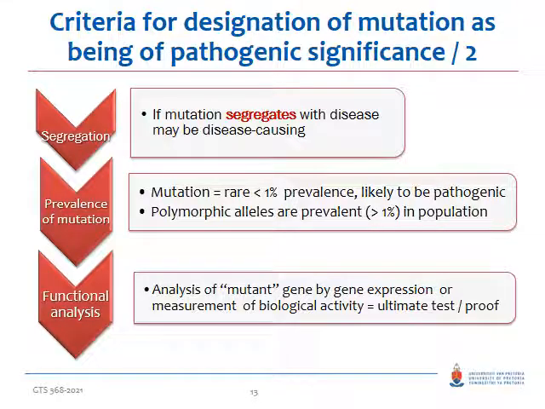If it happens in more than 1% of the population, it might be just a polymorphism. Doing functional studies of the mutant gene to determine gene expression or the measure of its biological activity will be the ultimate test to prove pathogenicity.